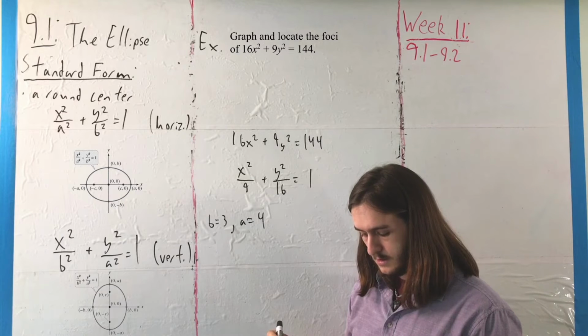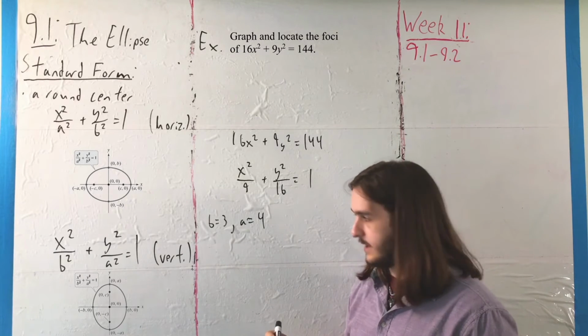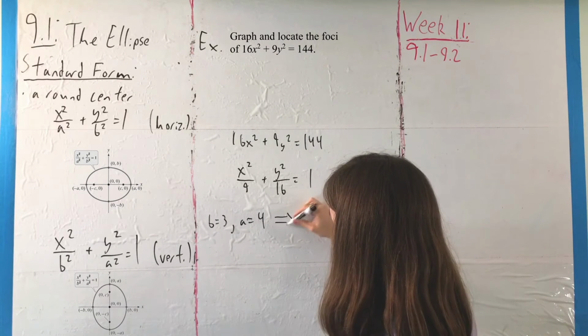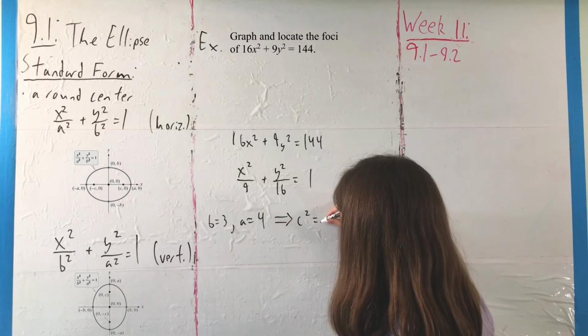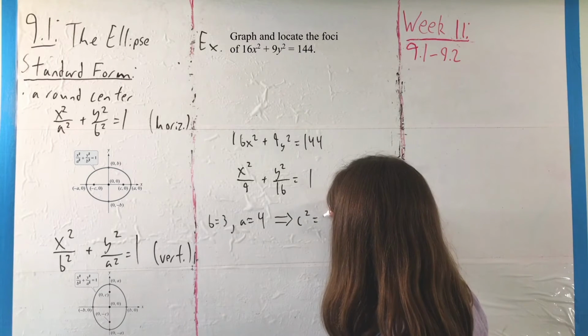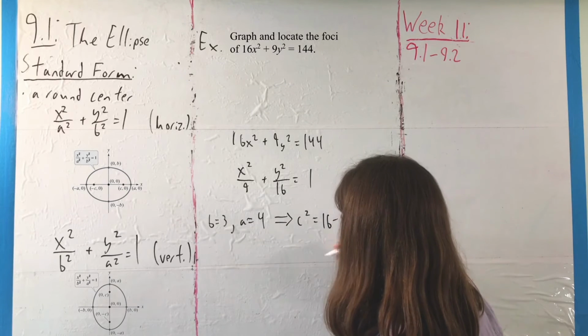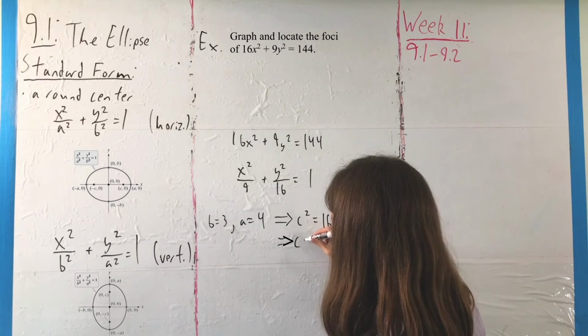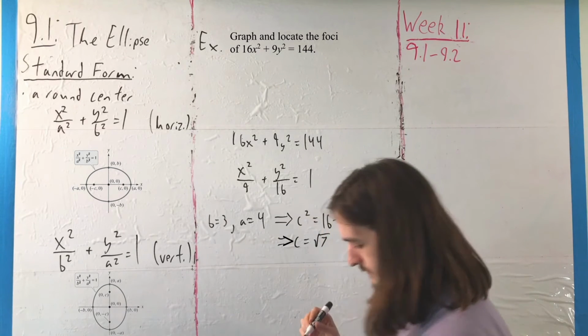As a result, c squared is equal to 16 minus 9, or 7. So c is equal to the square root of 7.